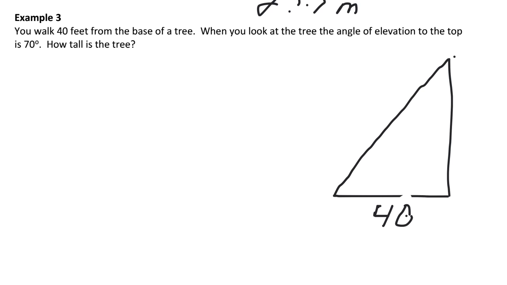You look up and you have a 70-degree angle in there. What do they want to know? How tall is the tree? So you have to draw your own picture.